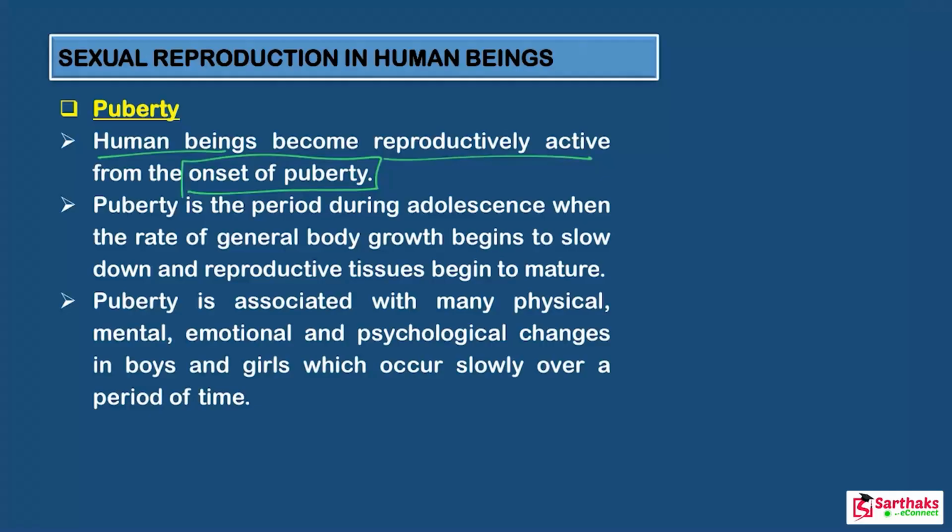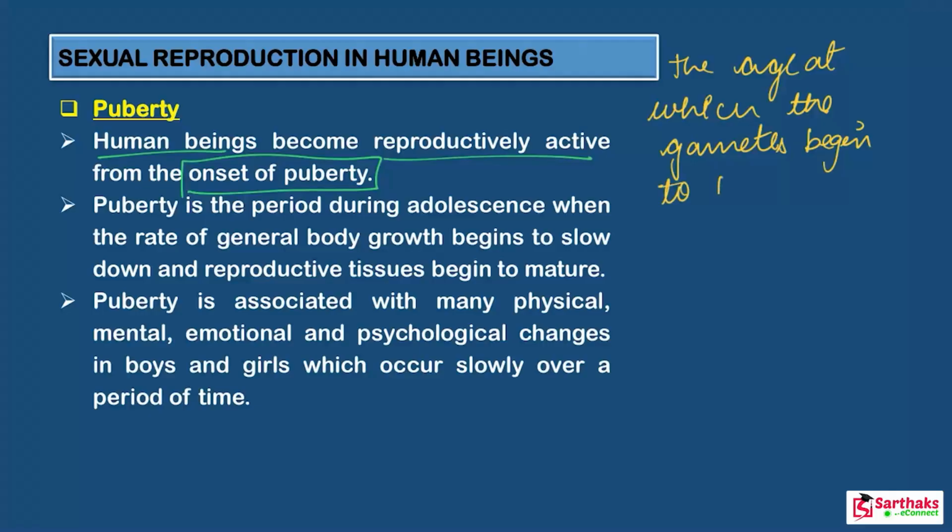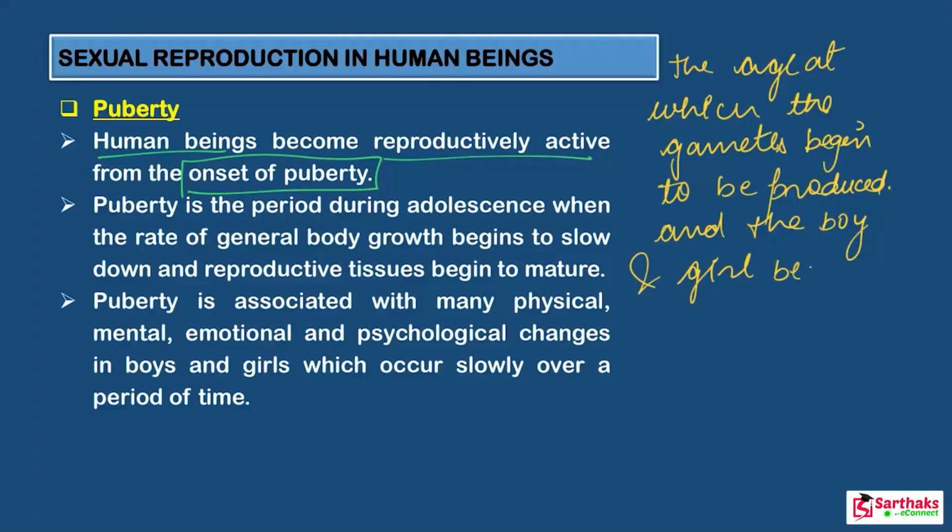Write down what we mean by puberty. The age at which gametes begin to be produced, and the boy and girl become sexually mature.